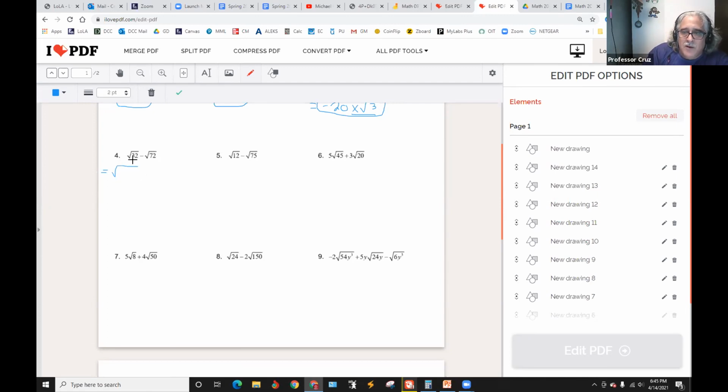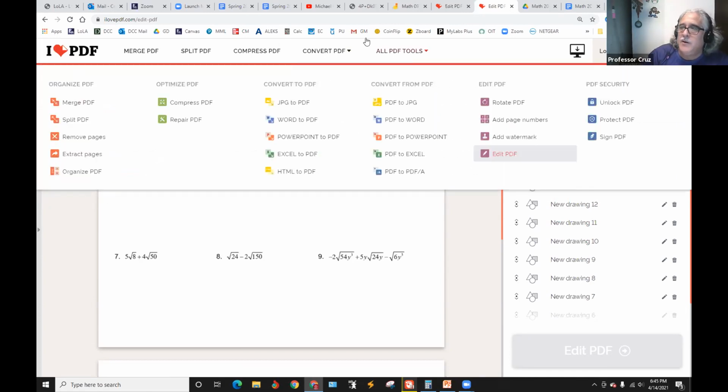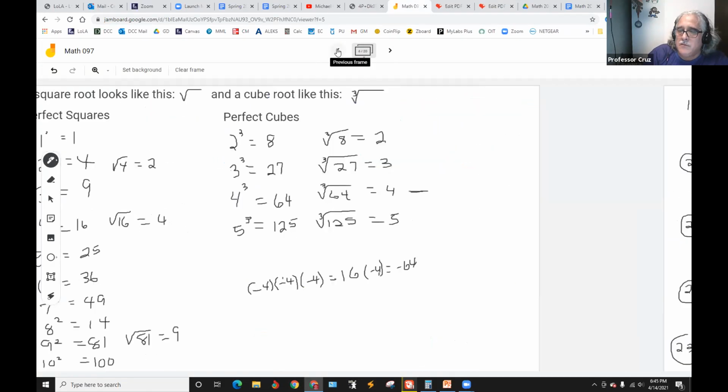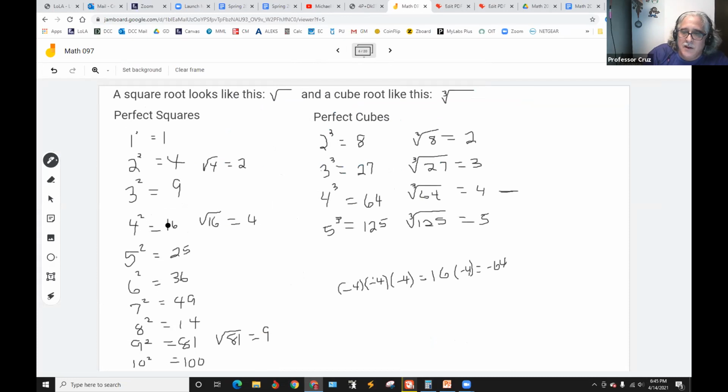All right, again, these are not alike, but what can we do to reduce those? Are there any perfect squares inside of 32? 16 times 2. Yeah, I think it's this one. See, 16 is the largest one in there.